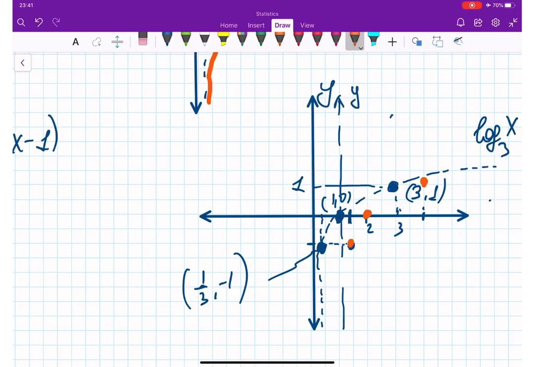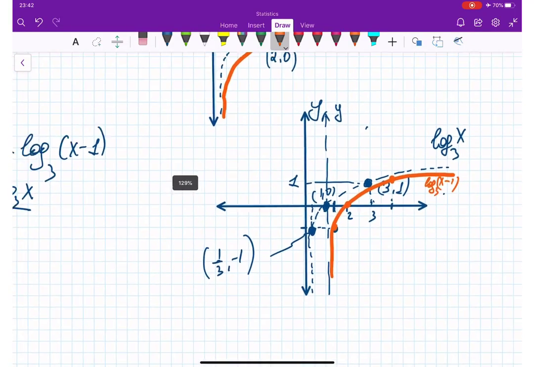So the graph is going to go and this is logarithm x minus 1 by base 3.